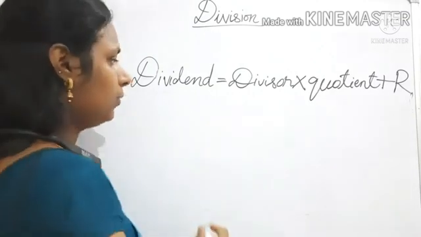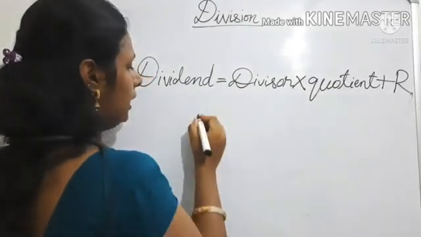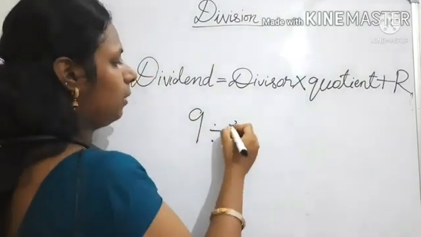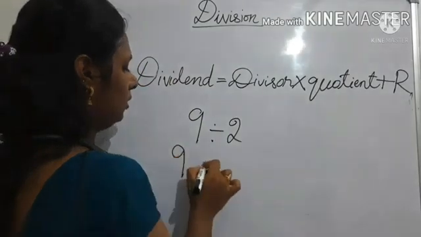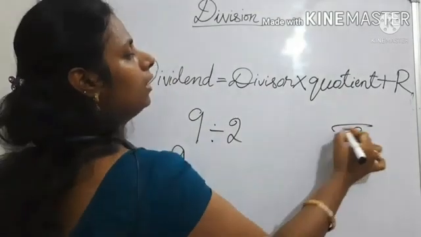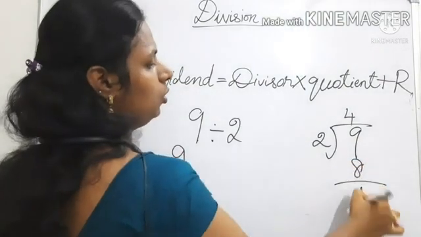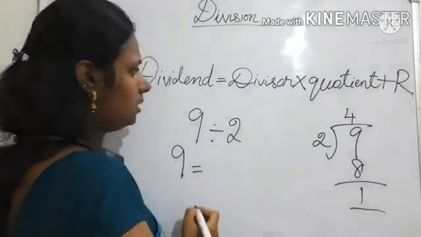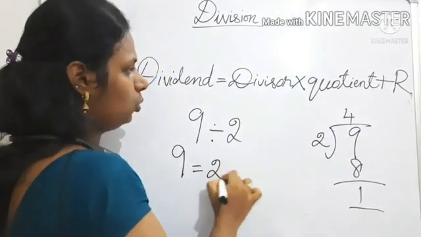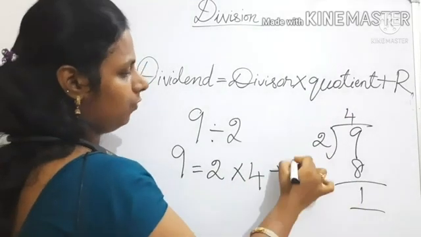For example, in the beginning we have taken the number 9 and we have divided by 2, isn't it so? So the dividend was 9, we have divided by 2, 2 fours are 8. So 1 was the remainder. So now 9 is the dividend and divisor 2 multiplied by quotient 4 plus remainder 1.